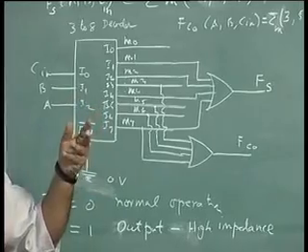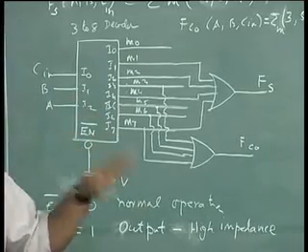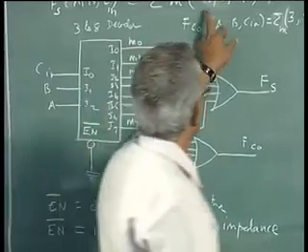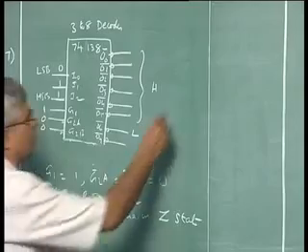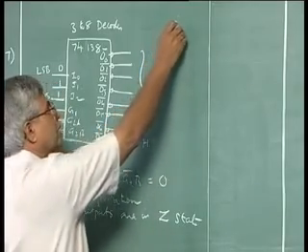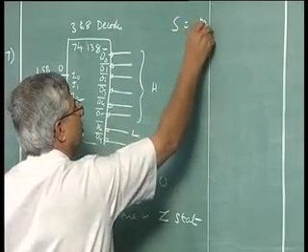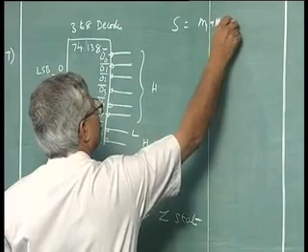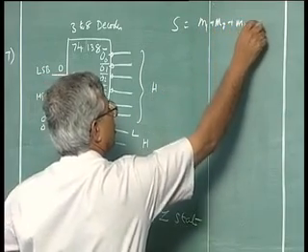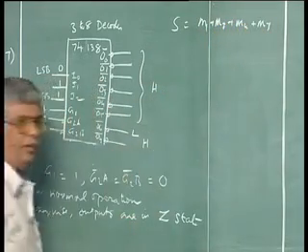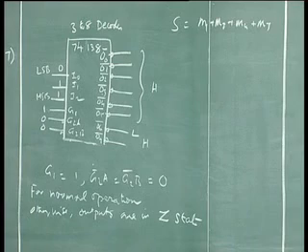NAND gate. I use NAND gates because, see, what we want is sum is M1, M2, M4, M7, but what is available is only M1 bar, M2 bar, M4 bar and M7 bar.